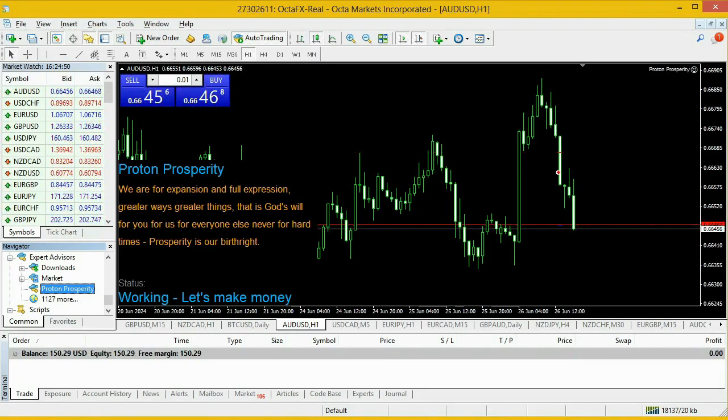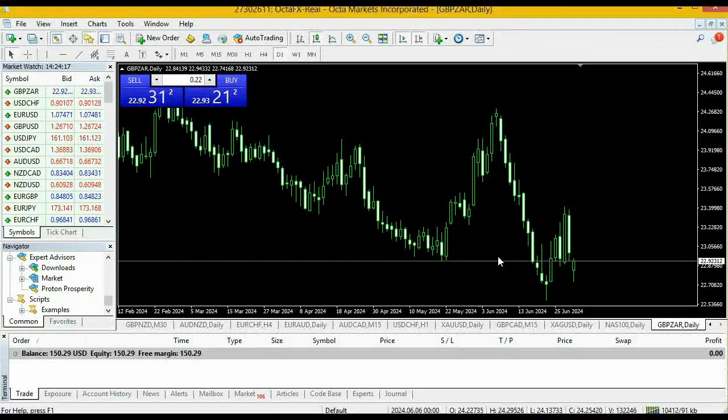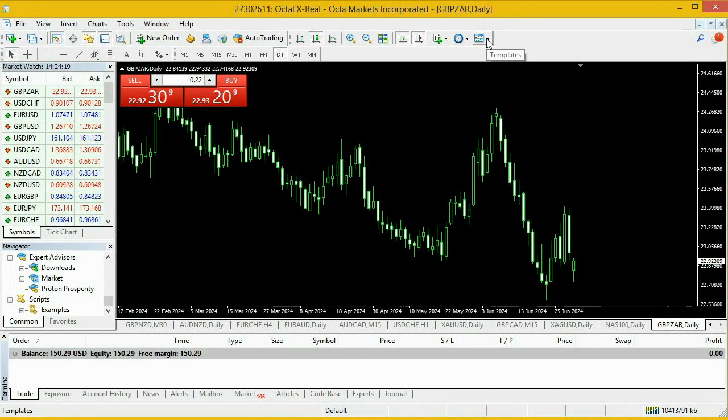Eventually, take profit triggered. Our profit target is hit. Our next trade is on the British pound and South African rand currency pair.